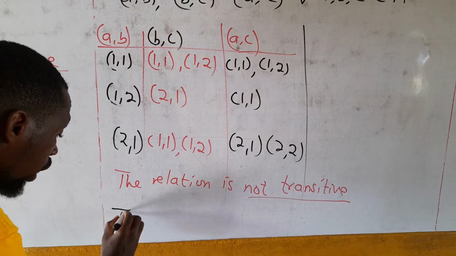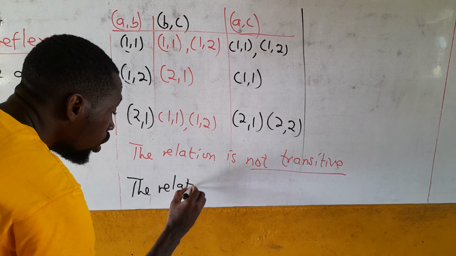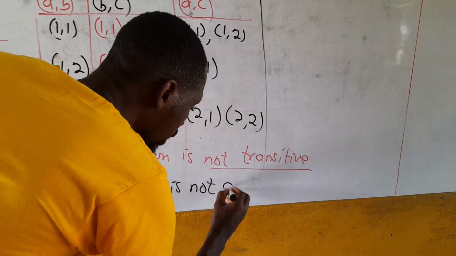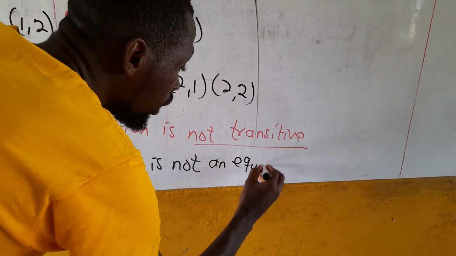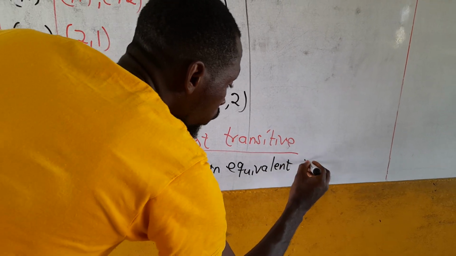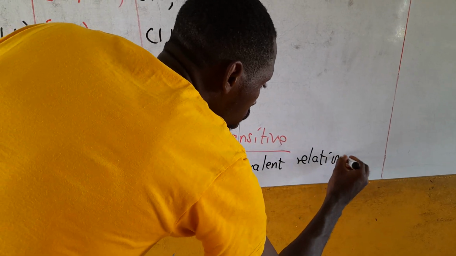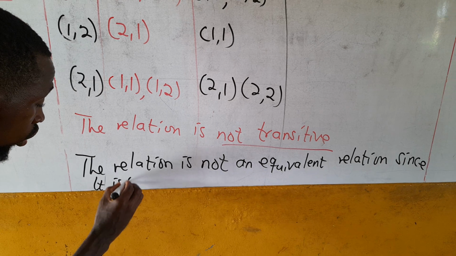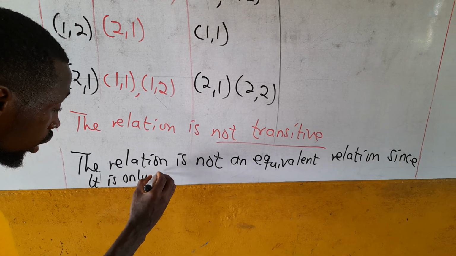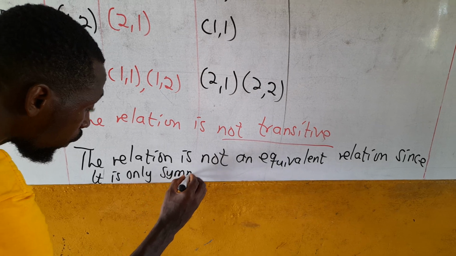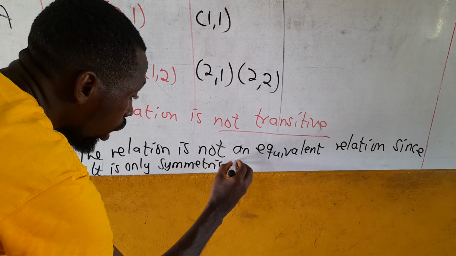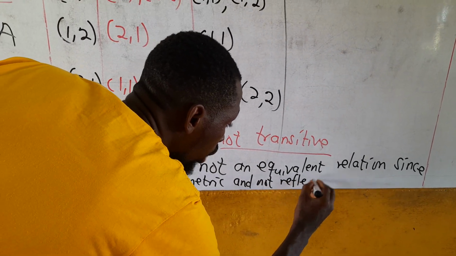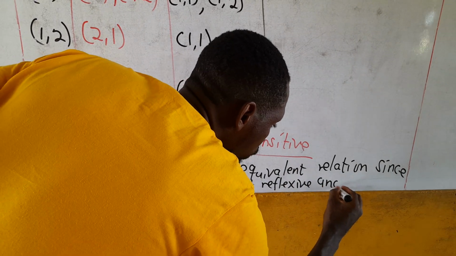So we say the relation is not an equivalence relation, since it is only symmetric and not reflexive and transitive.